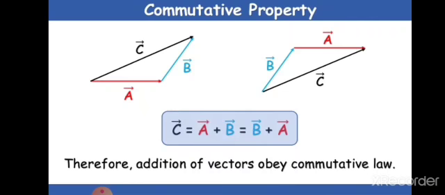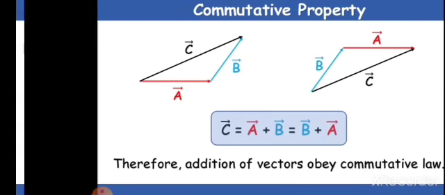Here the vector A and vector B, and the resultant vector is vector C. And in another diagram, you can observe the vector A and vector B. Here the vector B is added to the vector A, so the resultant vector is vector C. Therefore, the vector C is equal to vector A plus vector B, that is equal to vector B plus vector A. So the addition of vectors obeys the commutative law. A plus B is equal to B plus A.